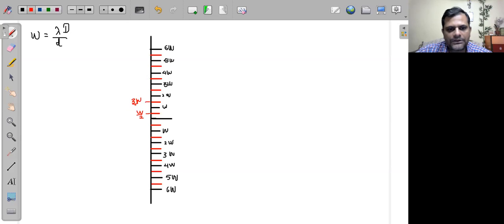Remember, 3W by 2, no doubt. Then the third dark band will be at a distance of 5W by 2 from the center, and so on up to infinity. So this is going to be at 7W by 2, and similarly up to 9W by 2, and so on up to infinity.